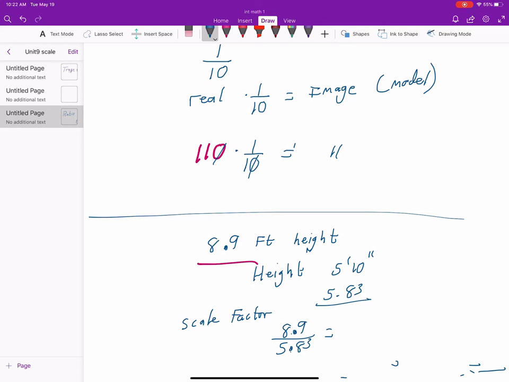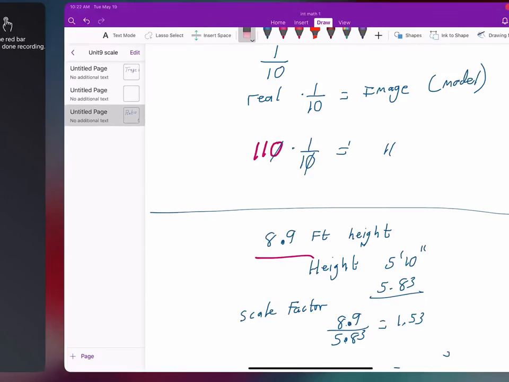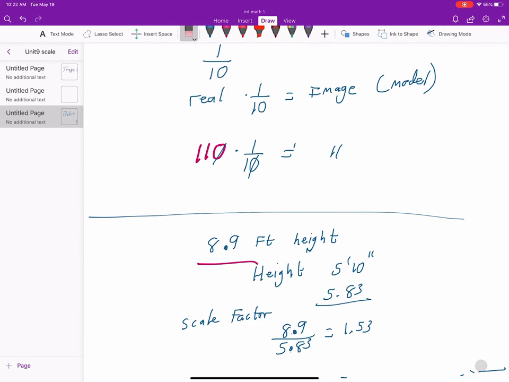Right. I got some problems here. 8.9 divided by 5.83 equals 1.53, we'll call it. So he is about 1.5 times bigger, according to height, than I am.